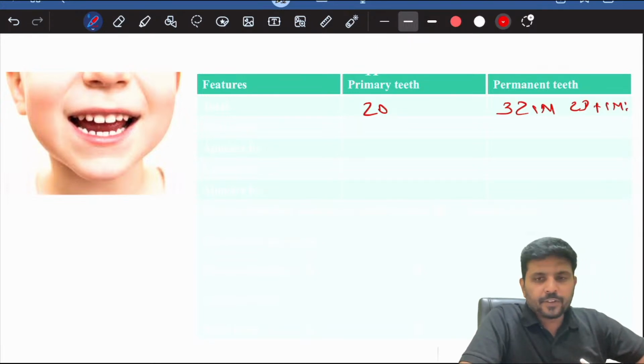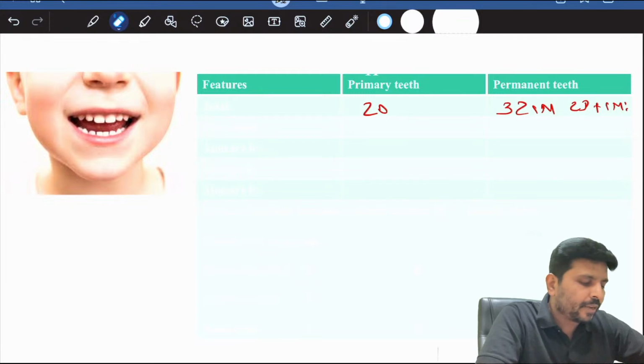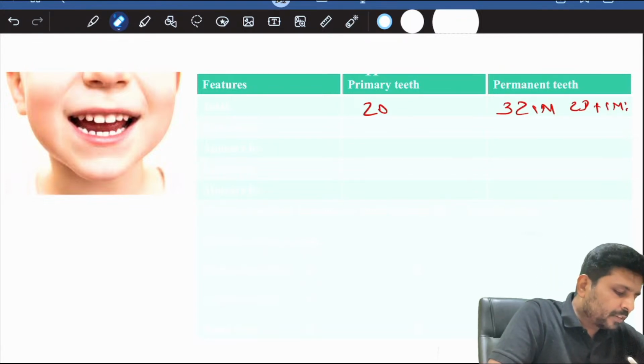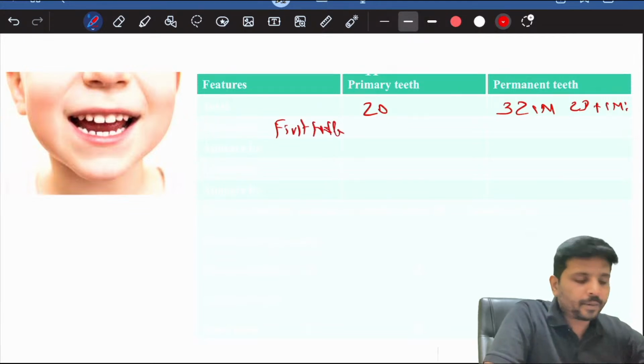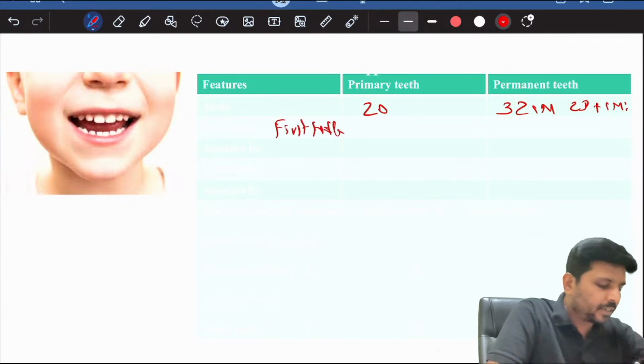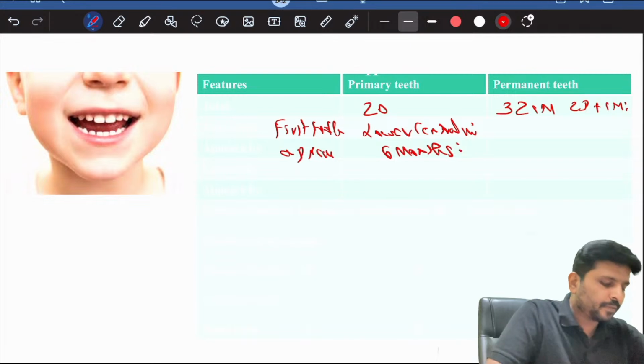The first tooth to appear in primary teeth is the lower central incisor, which usually appears by about 6 months.